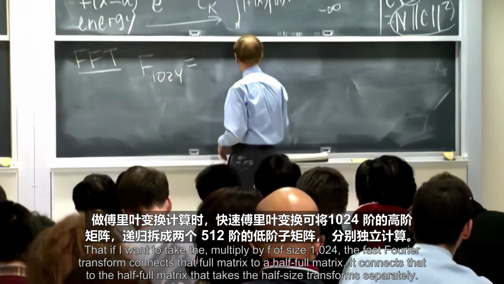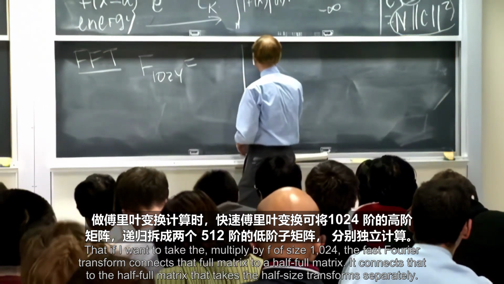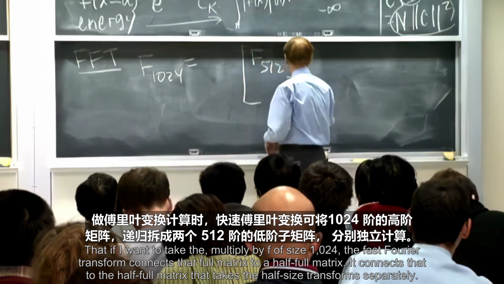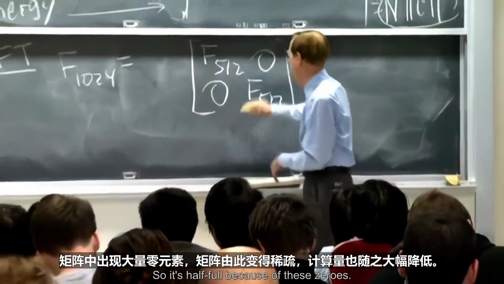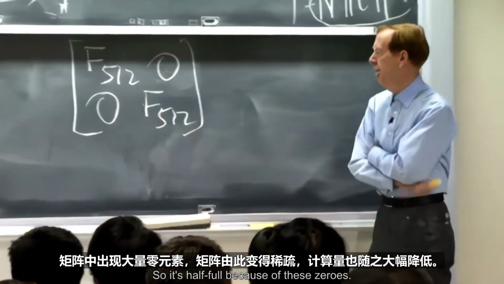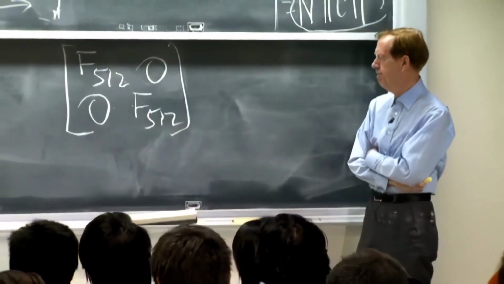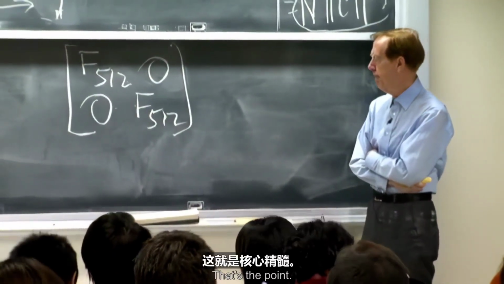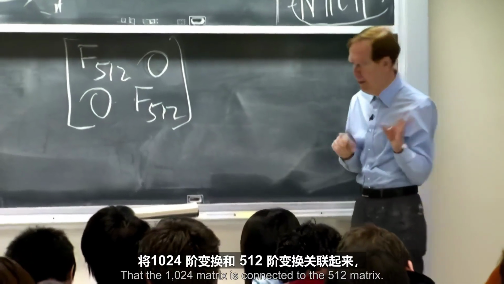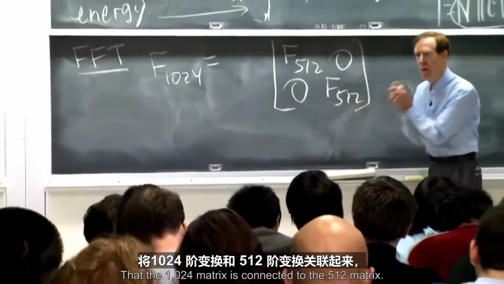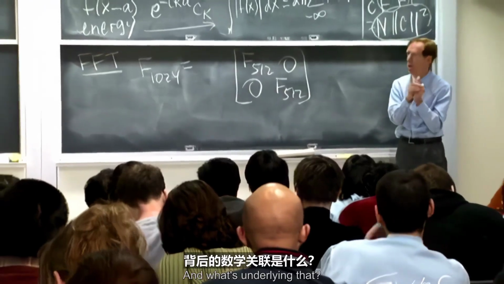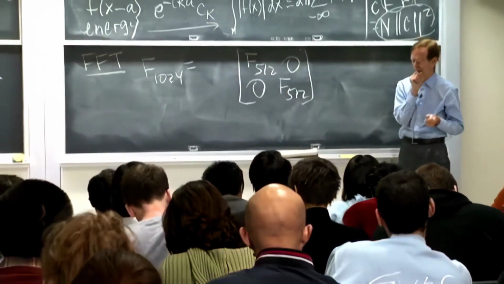It connects that to the half-full matrix that takes the half-size transforms separately. So it's half-full because of these zeros. That's the point. That the 1024 matrix is connected to the 512 matrix. And what's underlying that?